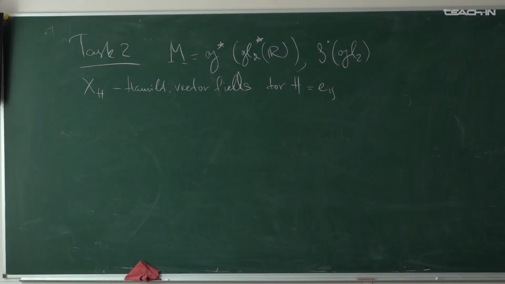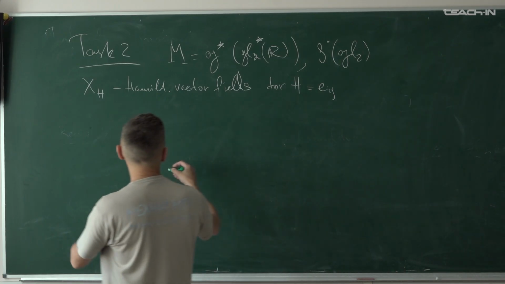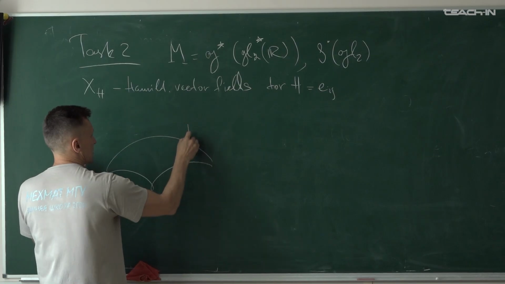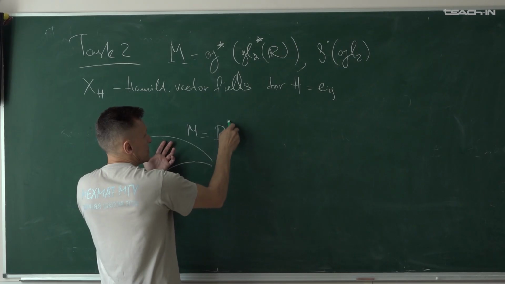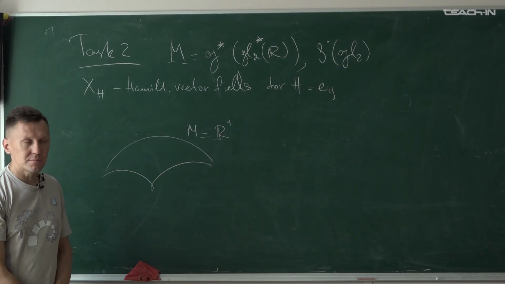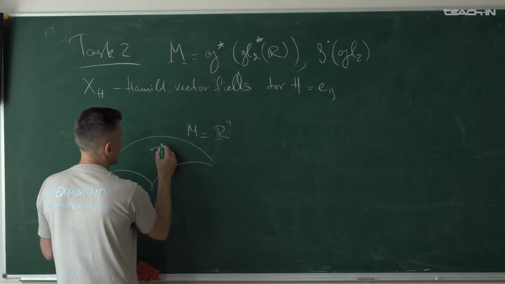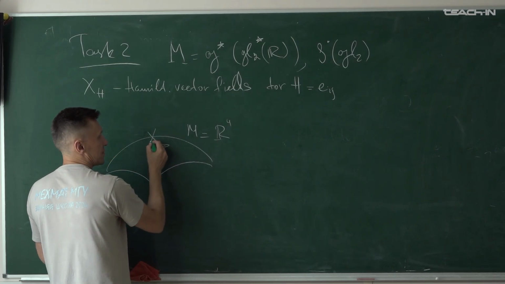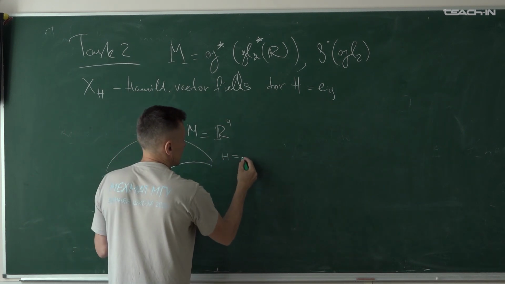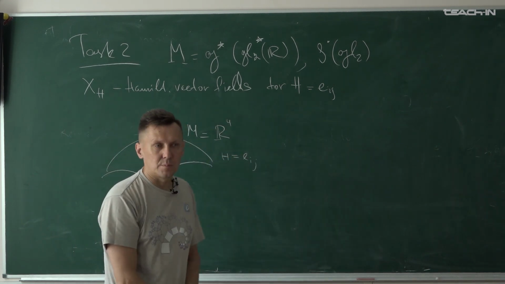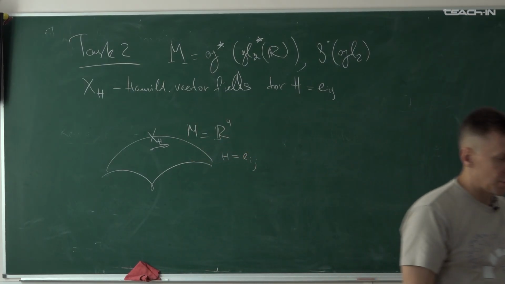So we have to find the equation of motion of this system for the following Hamiltonian. We just consider this four-dimensional space, our space, which is R4. On R4, we define the Hamiltonian vector field for H, just the basic linear function.